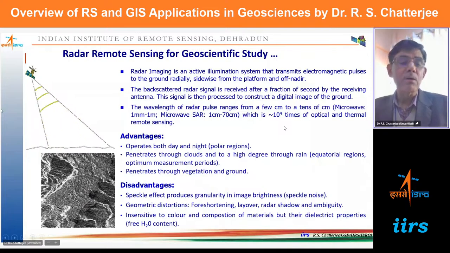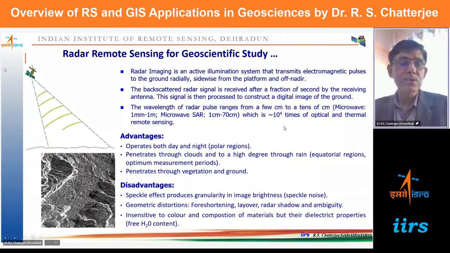So based on this time, you can resolve that it is coming from here, from here, from here. The different yellow, you see from different places, it is coming back, isn't it? So then you can process it and construct a digital image depending on when it is coming back to the receiving antenna and what is the signal strength which is coming back.